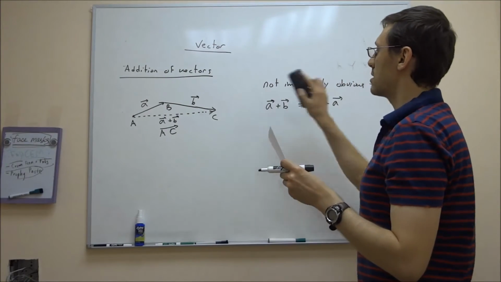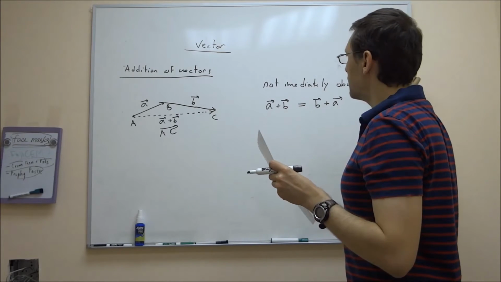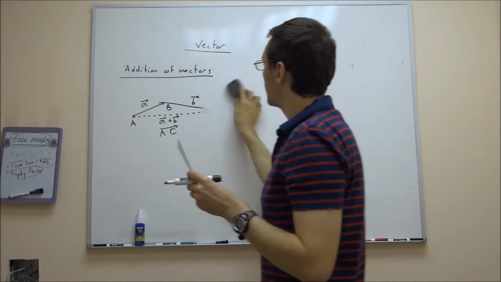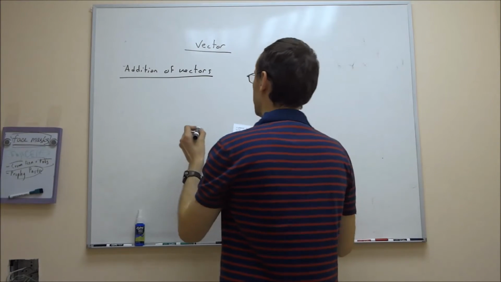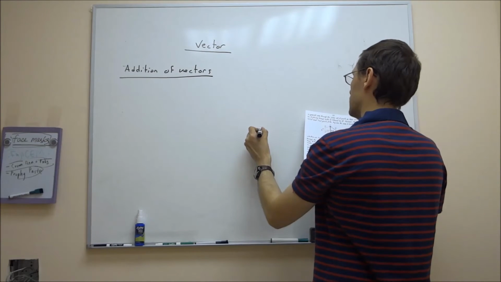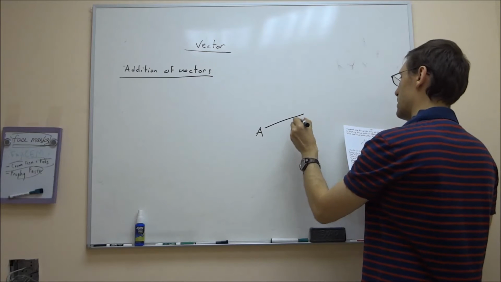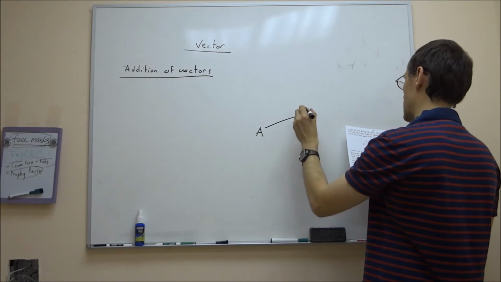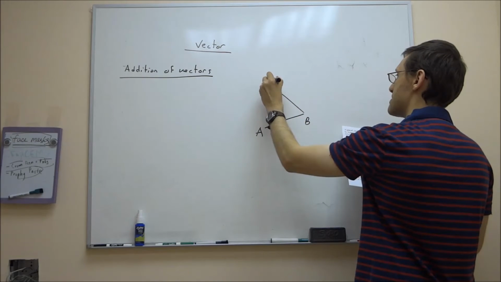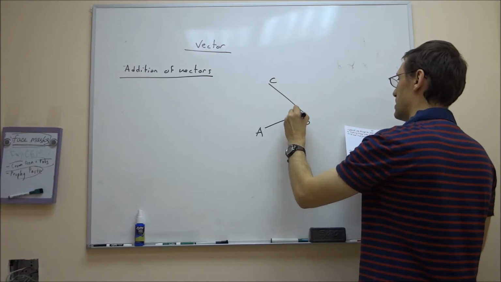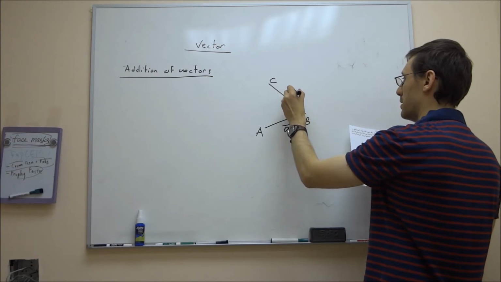So for that, let's just draw a new diagram. So suppose we have this A here, this is B, and this is C. So we displace from A to B by the vector little a, from B to C by the vector little b.